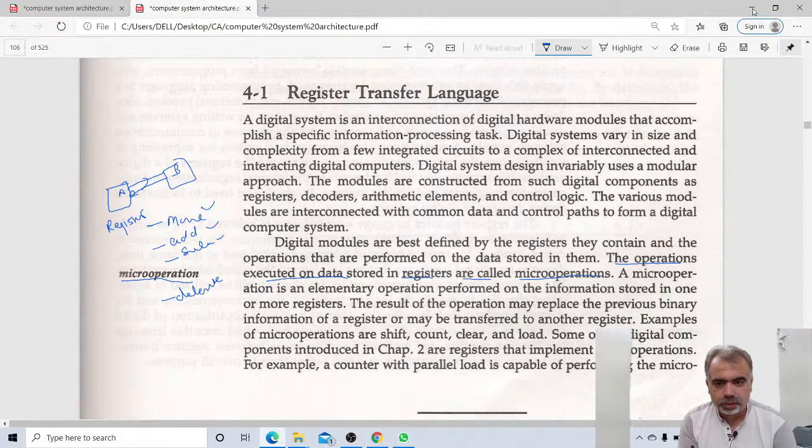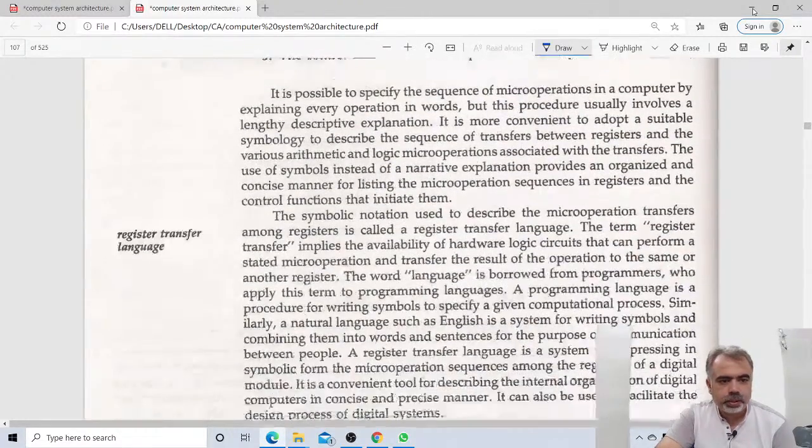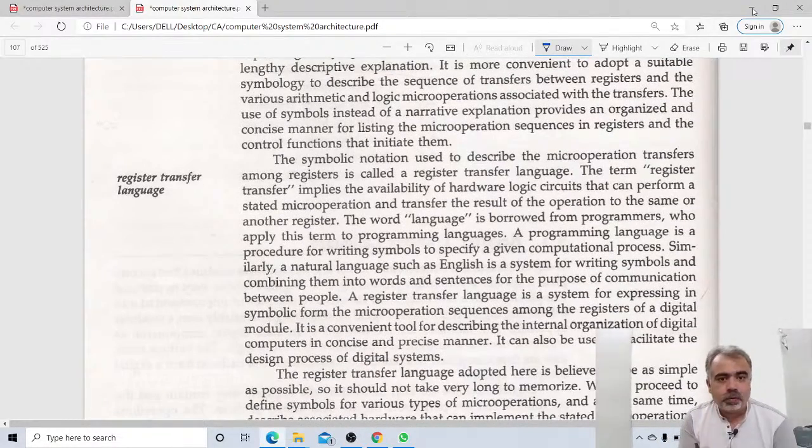This is very important, and some examples are given to you. The micro operations are shift, count, clear, load. Micro operations are used to do certain tasks on a particular data. And if we go ahead, what is RTL?